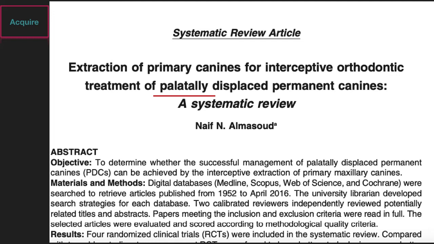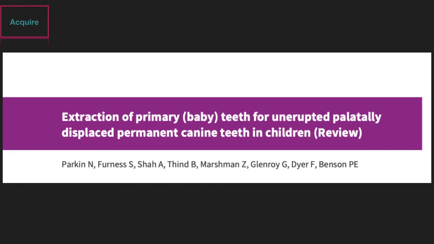The first systematic review, extraction of primary canines for interceptive orthodontic treatment of palatally displaced permanent canines, systematic review, Naif al-Masoud. The second one, extraction of primary teeth for unerupted palatally displaced permanent canine teeth in children. This systematic review is in the Cochrane Collaboration by Parkin.